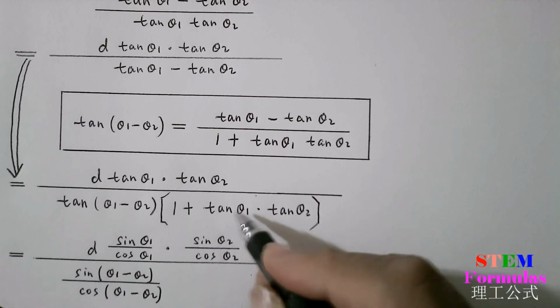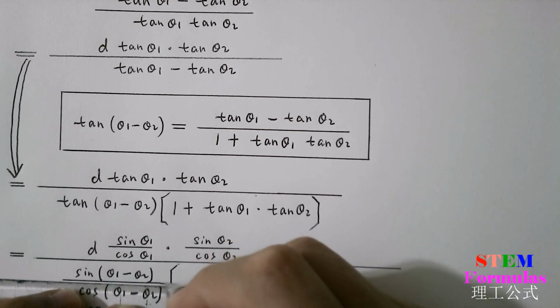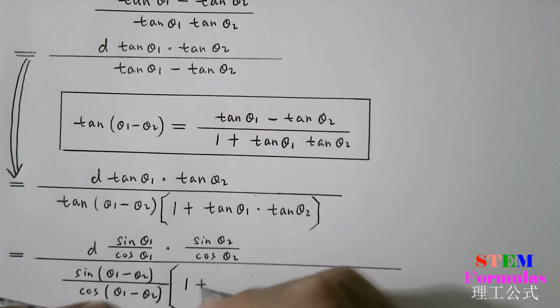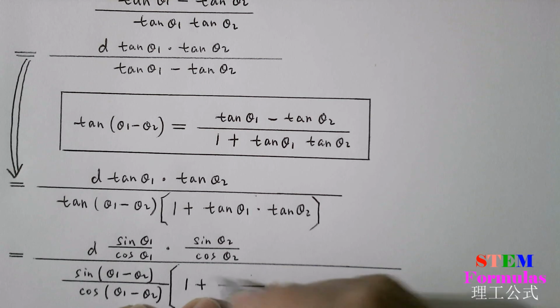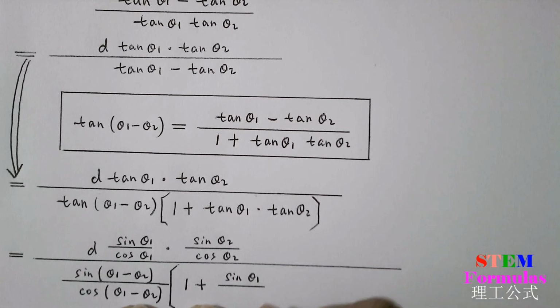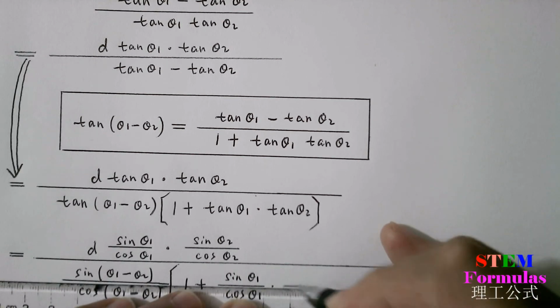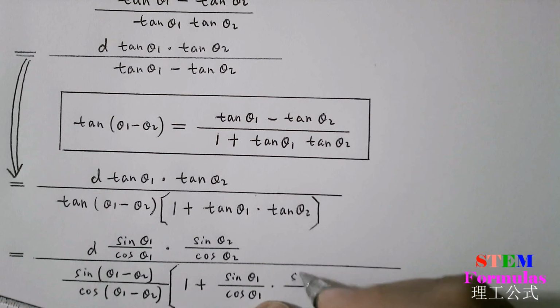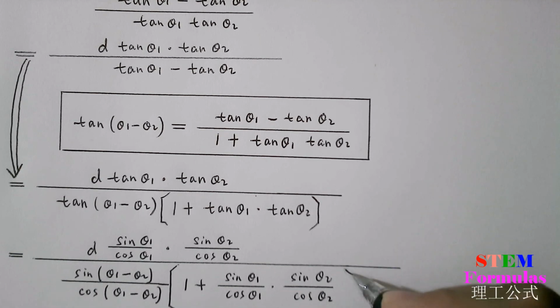Now this term I also change to sine and cosine, so this bracket: one plus tangent theta 1, which I can change to sine theta 1 divided by cosine theta 1, times sine theta 2 divided by cosine theta 2.